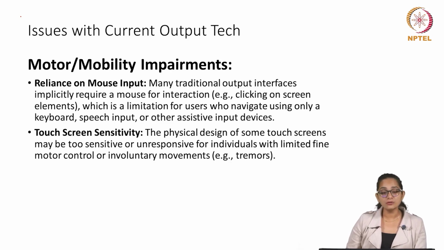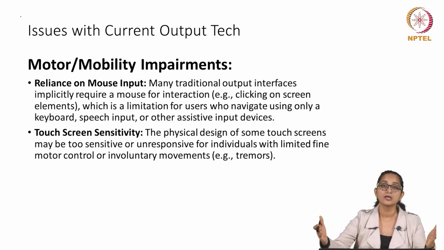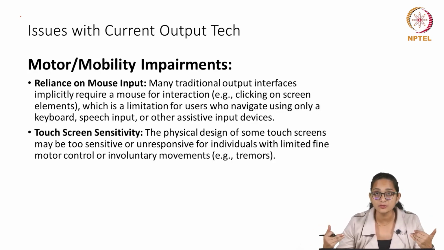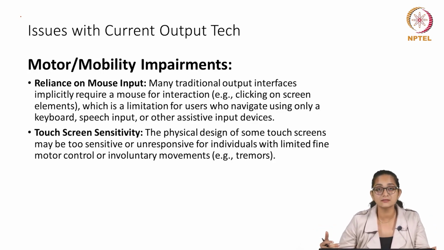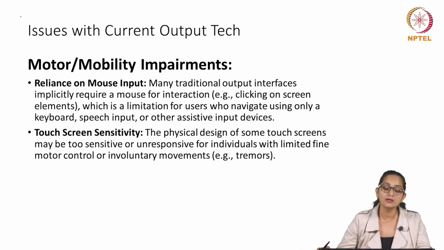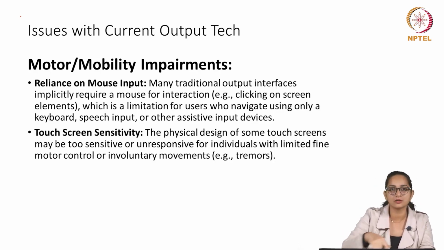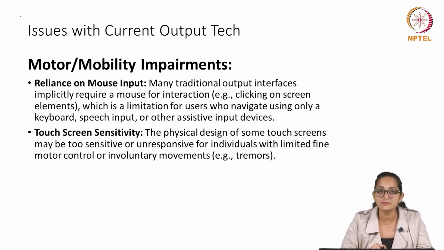In terms of motor or mobility impairments, so reliance on mouse input, so literally traditional technologies are reliant on mouse based inputs, and output interfaces require a mouse for interaction. For example, a screen based interface, which is an output device, necessitates the use of mouse or touch screen based interaction, where it is again like a cursor which is moving in the space and is free to touch or free to click any part.